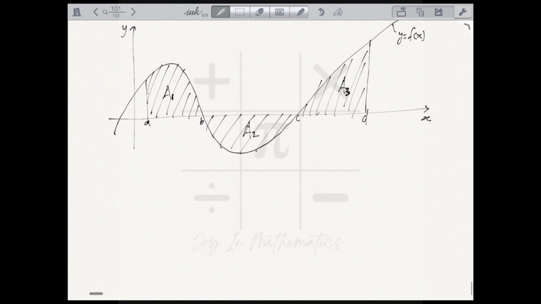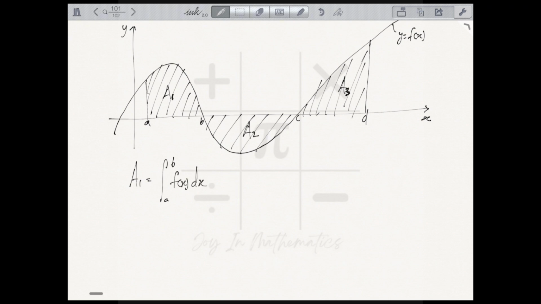Now A1 is what we are familiar with, A3 is also what we are familiar with because it is under the curve. But when it is below the x-axis, the result will just be minus. So we can say that A1 is the integral from a to b of f of x dx.